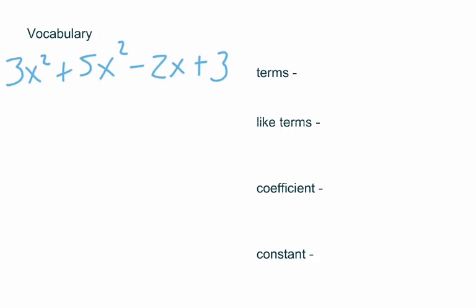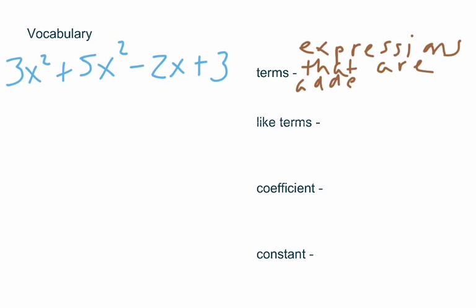So in math class, when we refer to terms, what we mean are expressions that are added or subtracted. Looking at this particular algebraic expression, it has 4 terms in it.